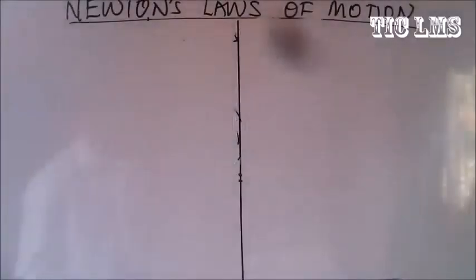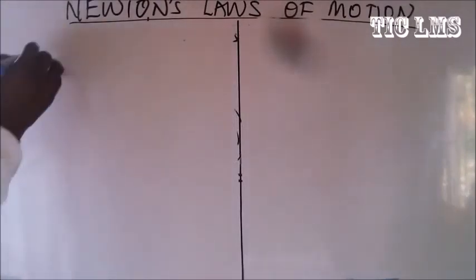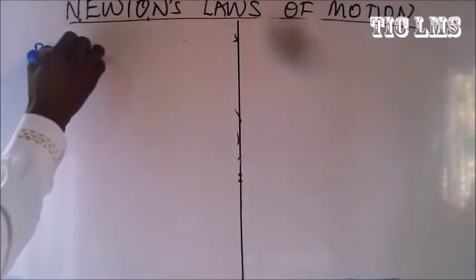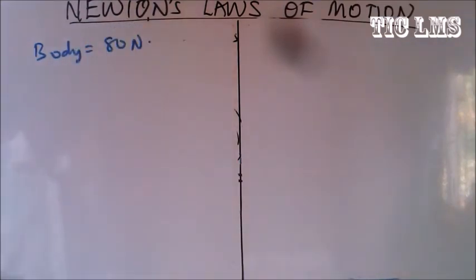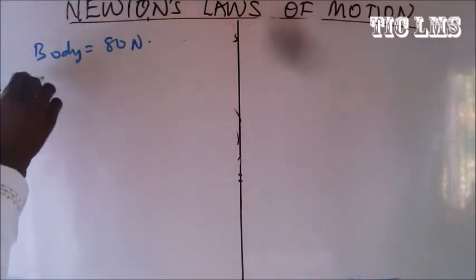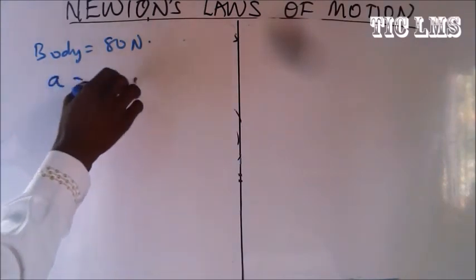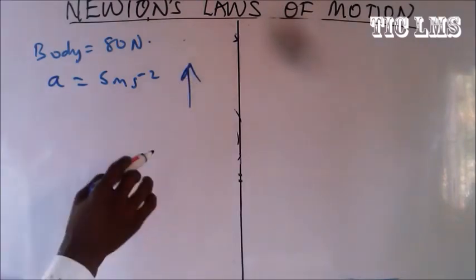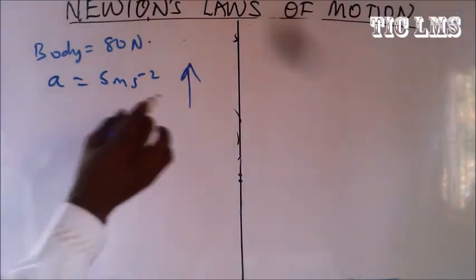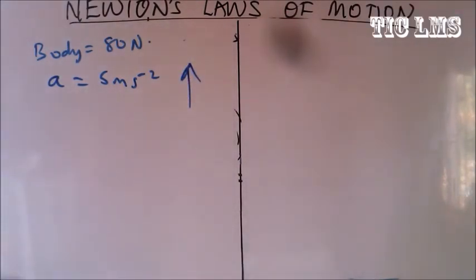So in this question we have a body which has a weight of 80 Newton standing on an elevator, and with an acceleration of 5 meters per second squared, the lift moved. So the elevator or lift is moving upwards, meaning that it has overcome the weight of the body.